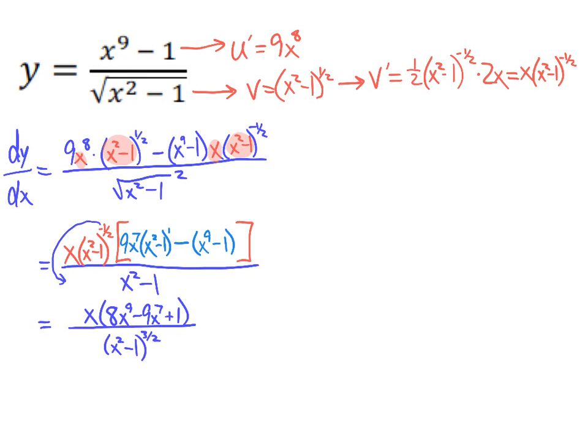Where does the 8x to the 9th come from? You do 9x to the 7th times x squared, which is 9x to the 9th, and then minus the x to the 9th over here. Would you have to distribute x inside the brackets? No, don't. Just leave that alone. If it's already factored, leave it factored.